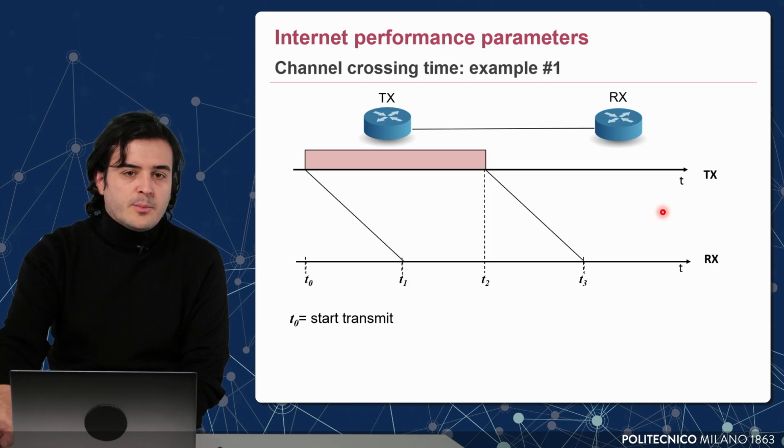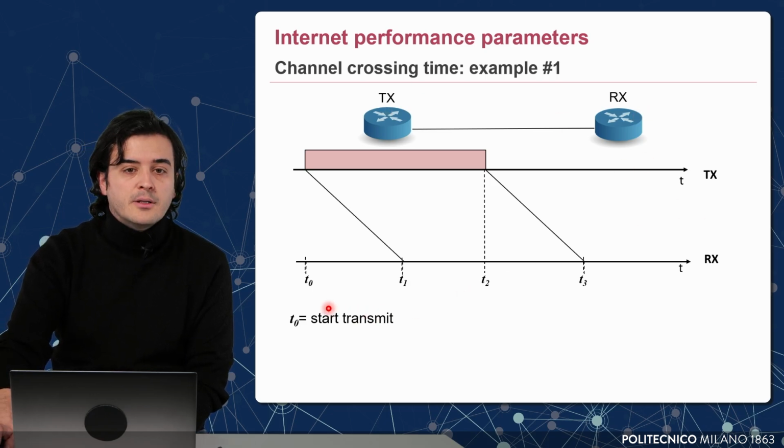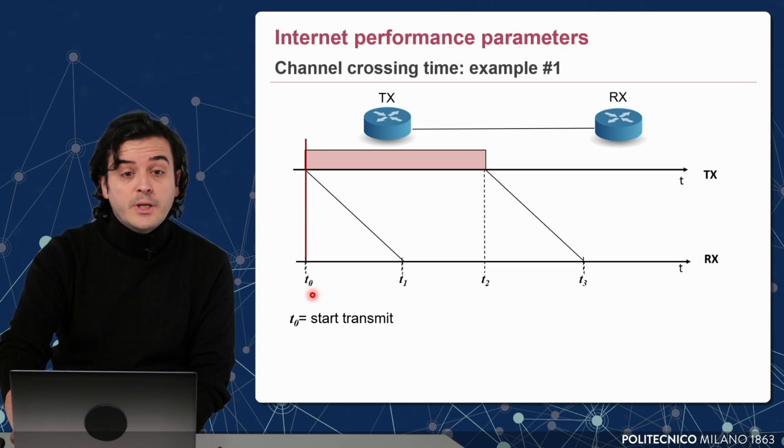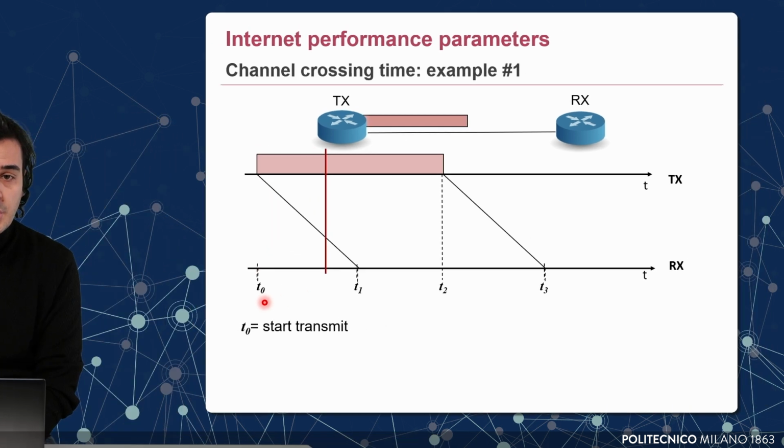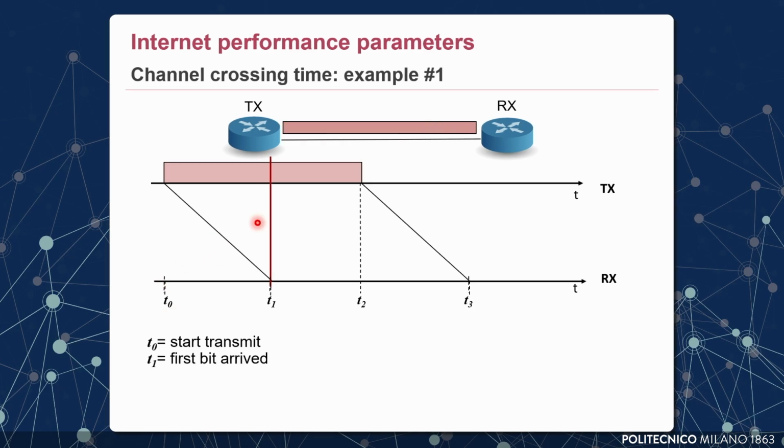Here we provide an example between a transmitter and a receiver. We provide the time t0 in which we start the transmission. The transmission which departs from the Tx starts with the first bit and continues up to the last bit.